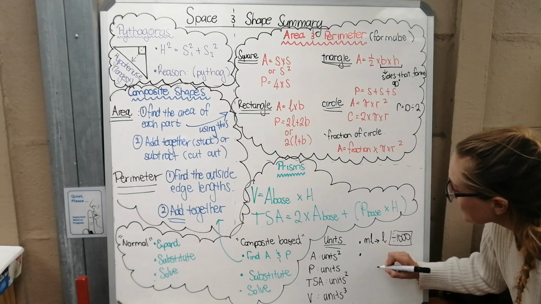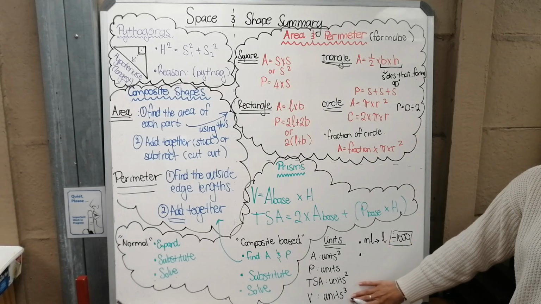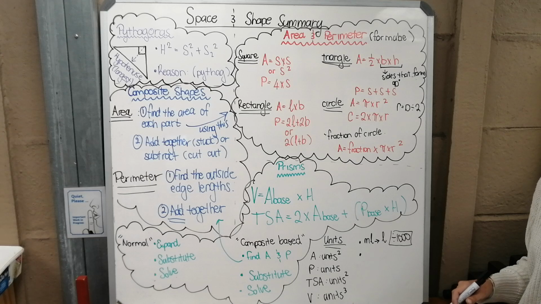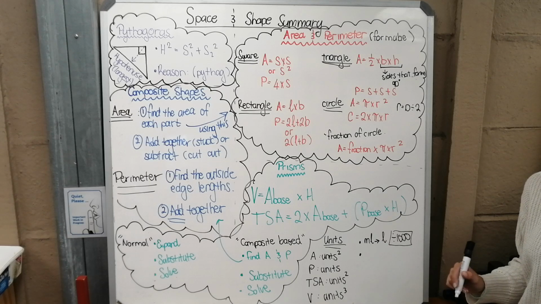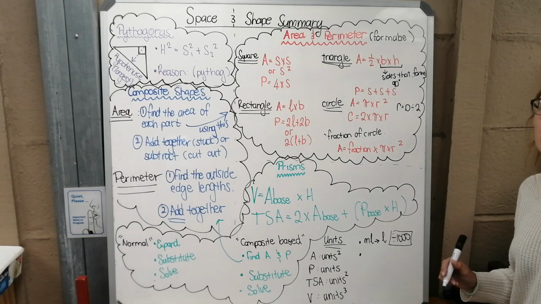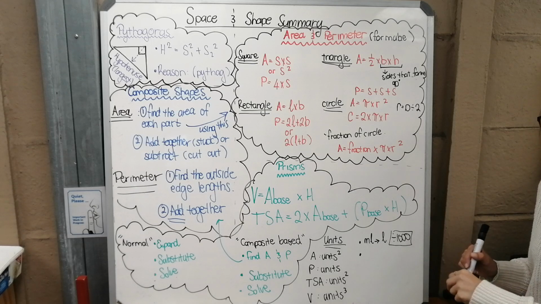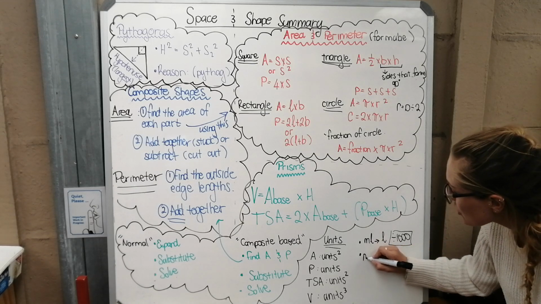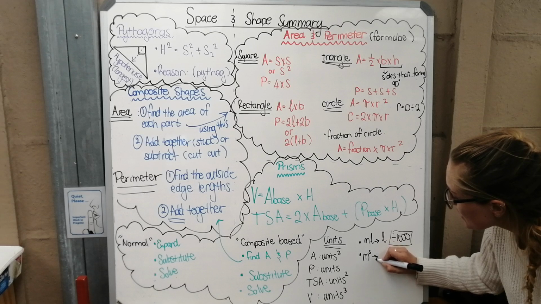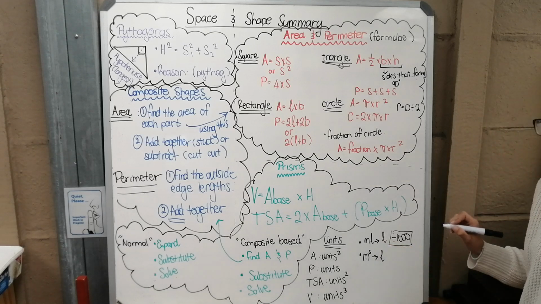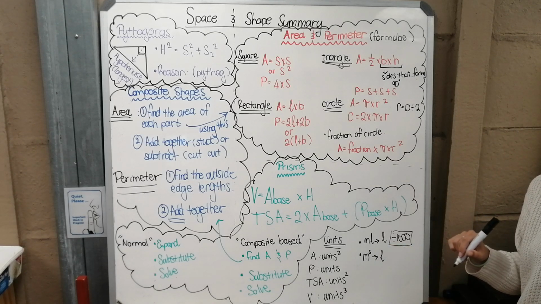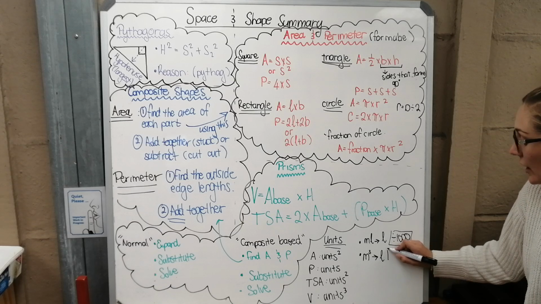Then the next one is usually when we calculate volume, it's going to be in millimeters cubed or centimeters cubed or meters cubed. And they'll often ask you to convert that into liters or milliliters. So I'm going to just show you from meters cubed to liters. And I'm hoping some of you are planning on doing physical sciences in grade 10. This is going to come in very handy then.